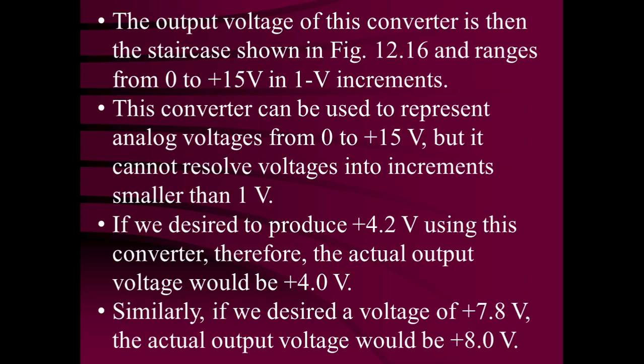That means it cannot discriminate 4.2 volt or 7.8 volt. 4.2 volt will be close to 4 volt, and 7.8 volt is close to 8 volt. So, it will show 4 volt in the first case, and in the second case it will be 8 volt. So, it cannot resolve less than 1 volt, you can see that.